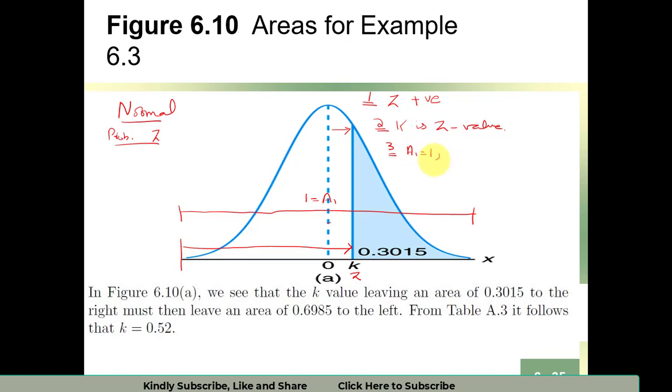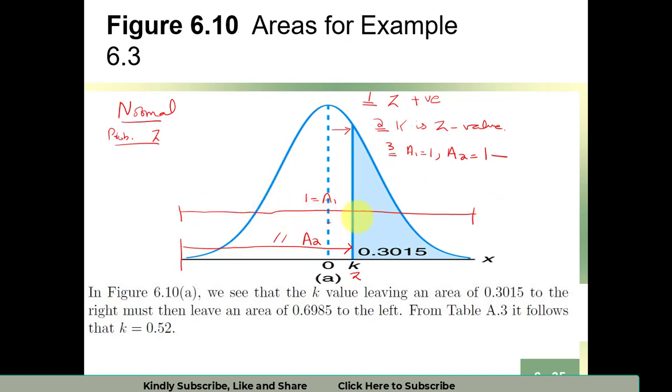Then we will find out this area, the white region, and we call it A2. How will we find this area? We will just subtract. We'll say that A2 will be equal to the whole probability 1 minus 0.3015.